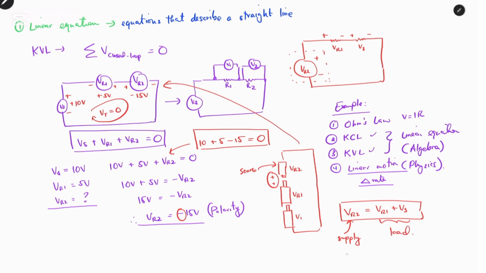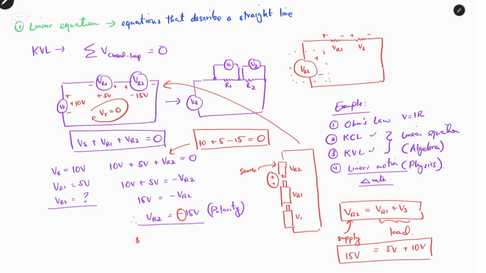So when we have 15 volts as a supply, we now have this 15 volts which will be divided into the 5 volts plus the 10 volts. So this equation normally describes the source and the load. The definition of KVL means that the source that is applied must be equal to the load.